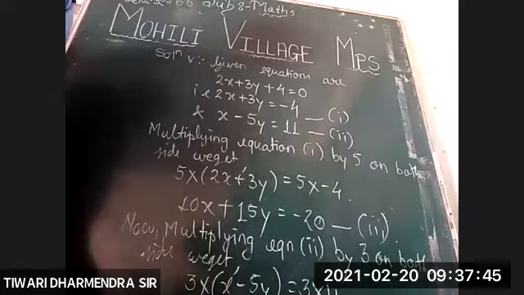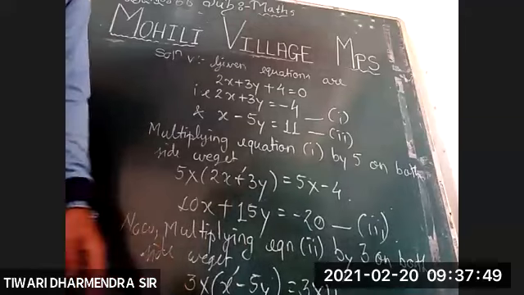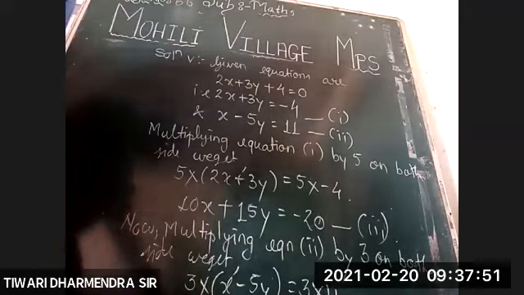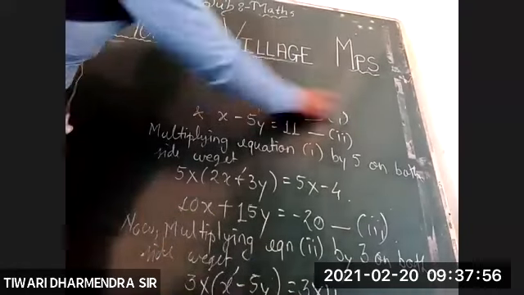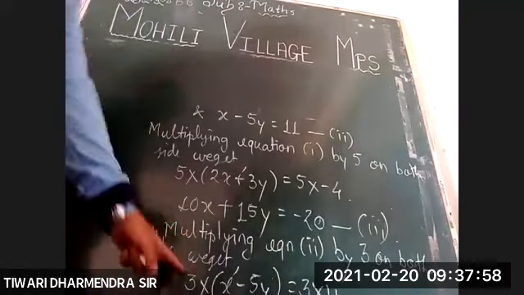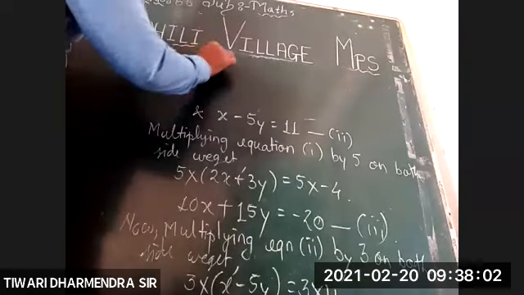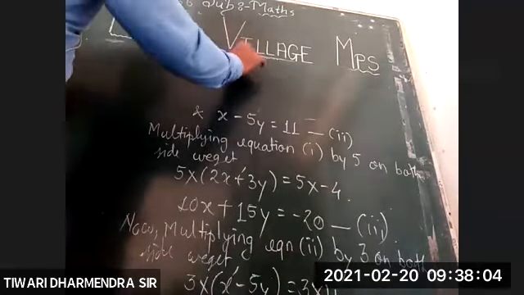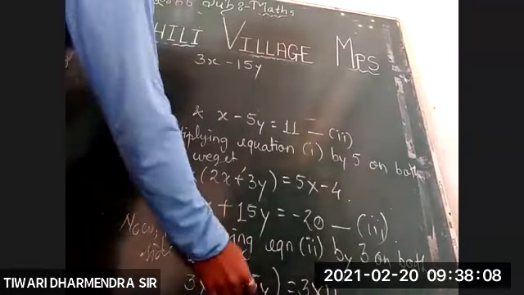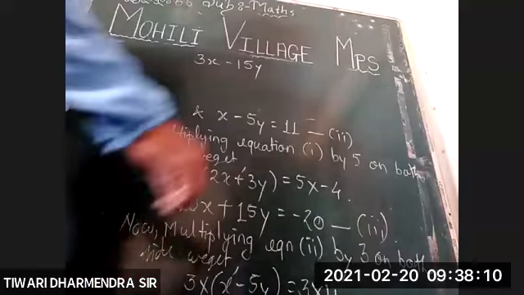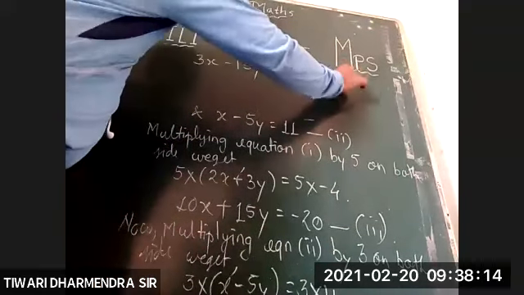So hope you have written this. After multiplying, the multiplication gets distributed: 3 into x, the answer is 3x, minus 15y, 3 into 5, and the sign as it is. 15y is equal to 33. This is my equation number 4.